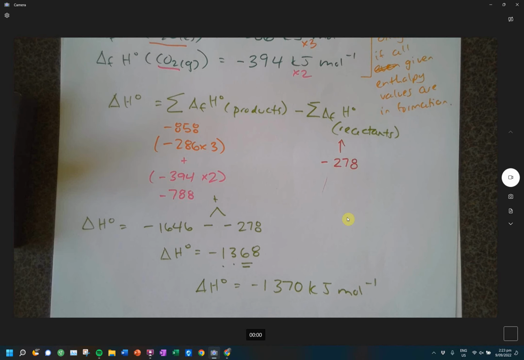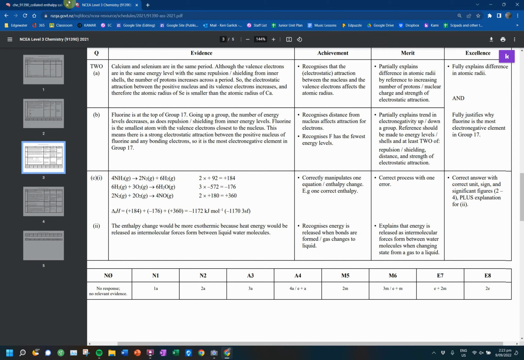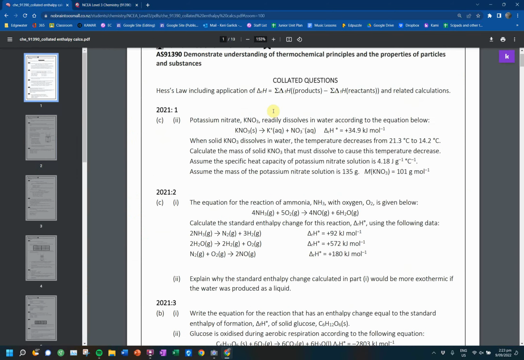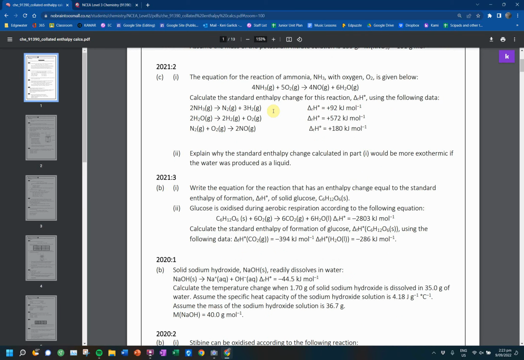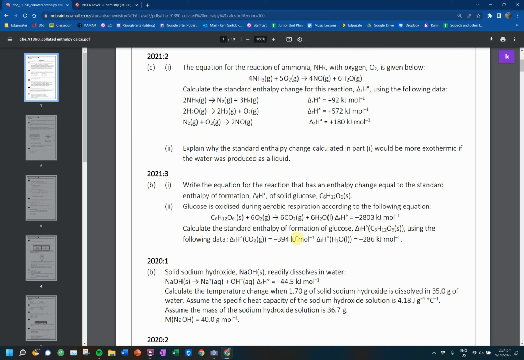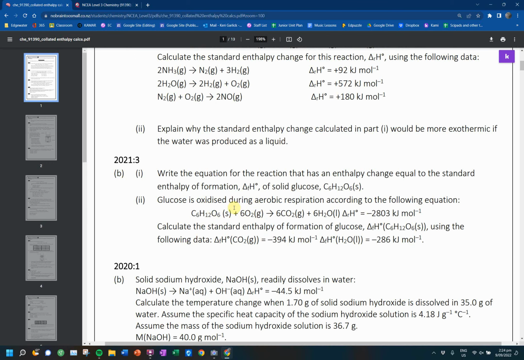So I'll go show you guys the No Brain Too Small again. So we can see those questions. So this one is an example of that. You see how you have your original equation and then all the enthalpy values they've given you is in formation.